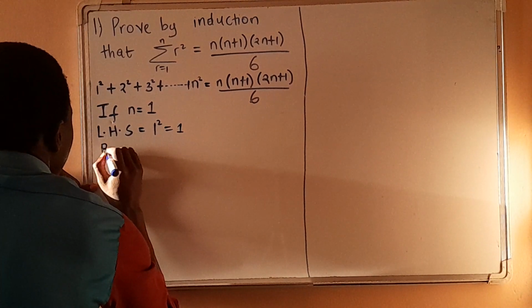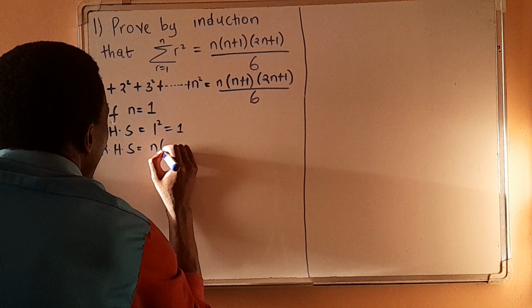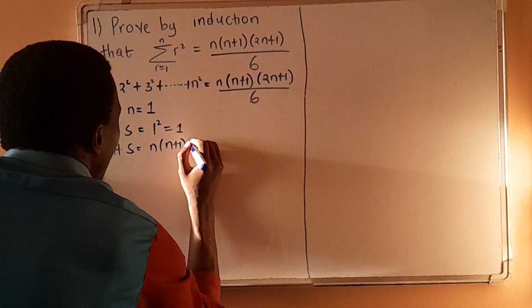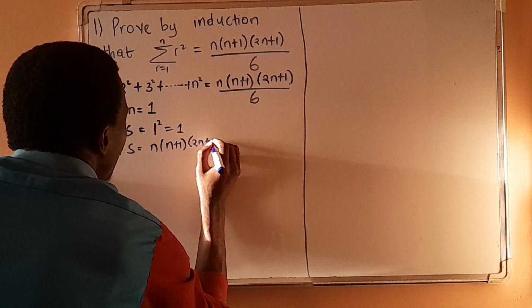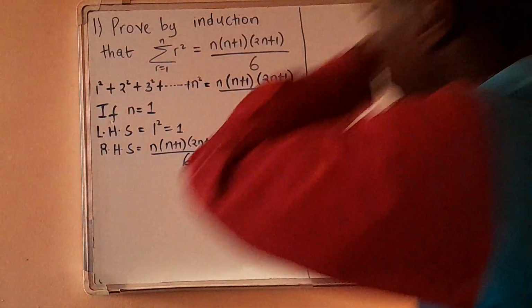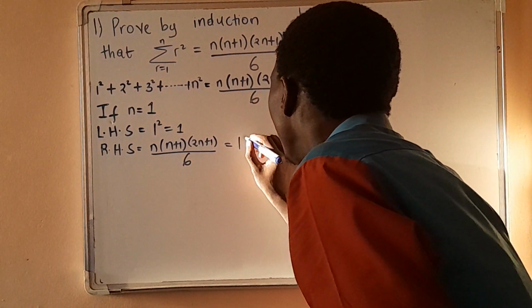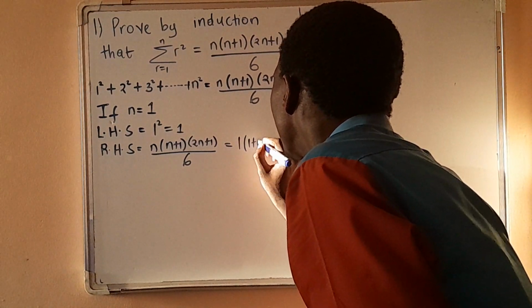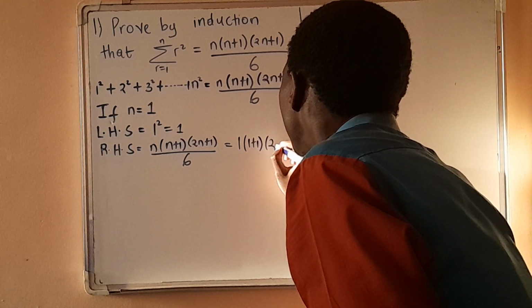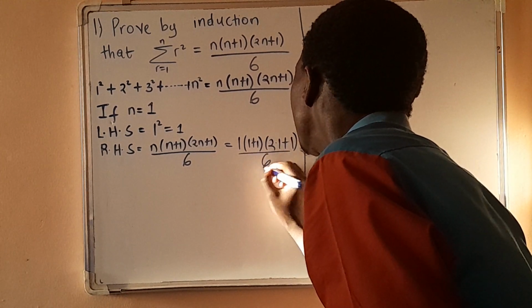Then the right-hand side, which is n times (n plus 1) times (2n plus 1) over 6. Substitute n equals 1: 1 times (1 plus 1) times (2 times 1 plus 1) over 6.